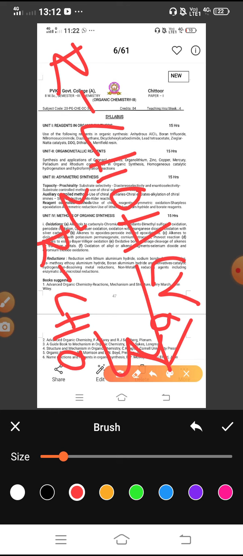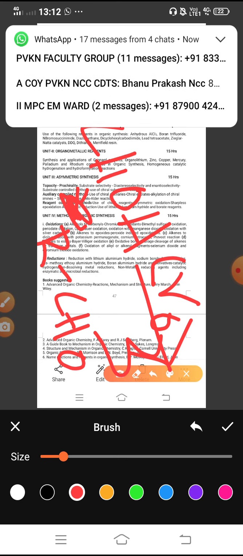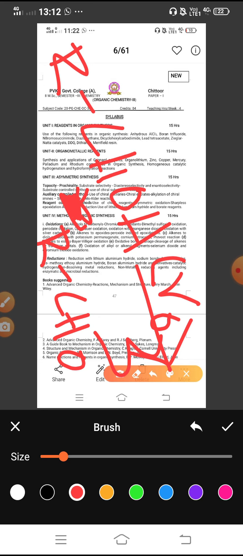For example, instead of primary alcohol, we can write a secondary alcohol. Secondary alcohol means RCH, so here instead of hydrogen, I put the remaining second R. RCHOH R. This is called a secondary alcohol, treated with CrO3.